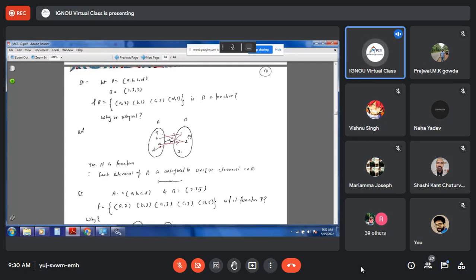But the situation seems to be very complicated. Here, in A, a and c have the same image, 2. Similarly, b and d have the same image, 1. And here the 3 has no pre-image.